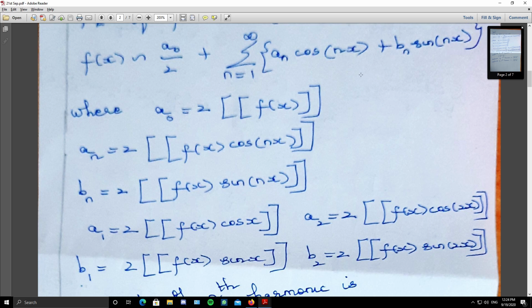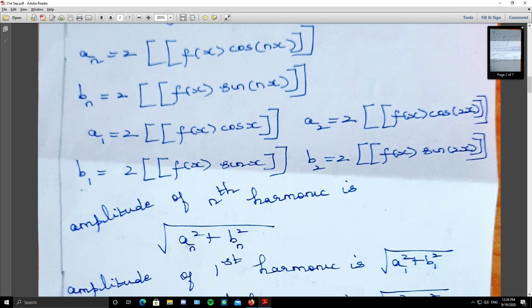In complex numbers you must have learned the polar form, that is r into cos theta plus i sin theta. What is the amplitude in complex analysis? r, you define it as root of x square plus y square, that is the real part square plus the imaginary part square. Similar to that, we have the amplitude of the nth harmonic as the square root of an square plus bn square, that is the maximum magnitude.